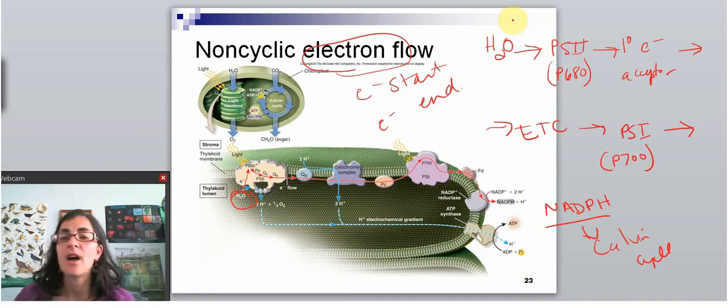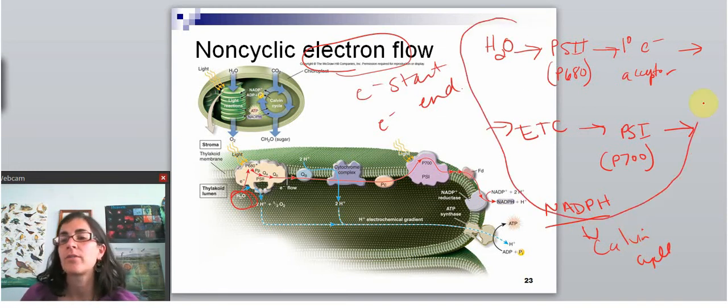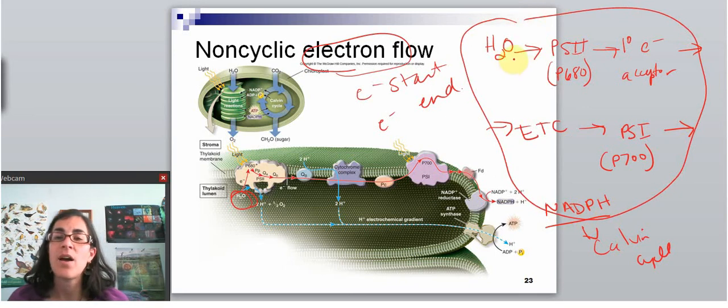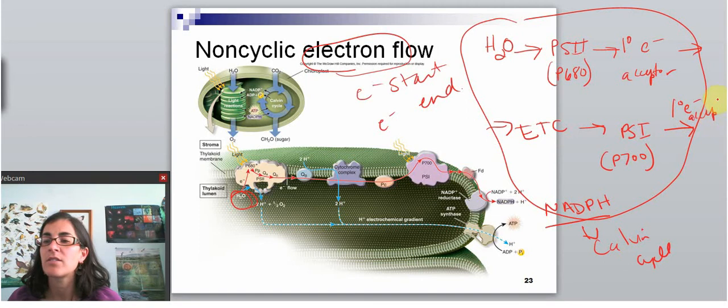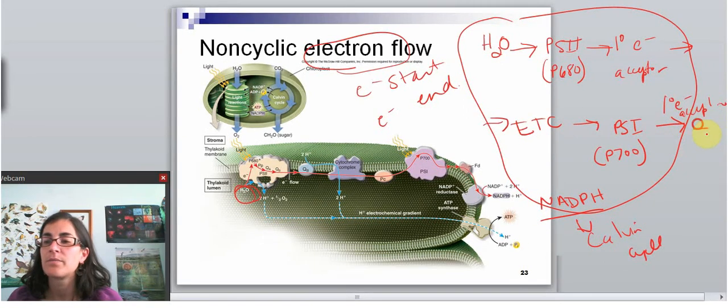Okay, but for non-cyclic electron flow, again, it's a linear process. The electron starts in water, gets passed to PS2, passed to a primary electron acceptor, passed to the electron transport chain, passed through PS1. Oh, I forgot my primary electron acceptor here, so adding one step here.